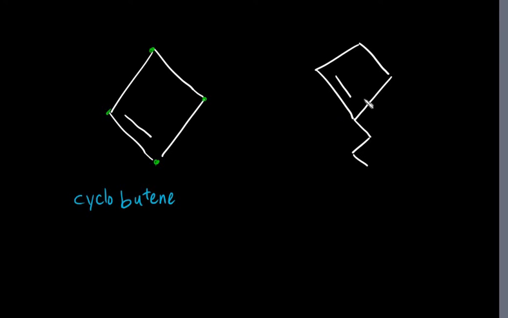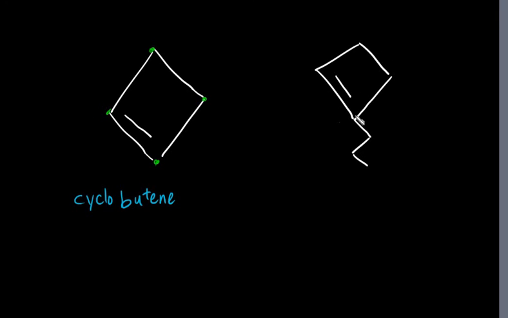So in this example, what I need to see first is the main shape here. The main shape is this cyclo shape. This whole cyclo shape is the main shape. Alright, so where is my branch? Where is my substituent? So this is my substituent. Alright, so now what I need to do is to number this main shape, this cyclo shape.